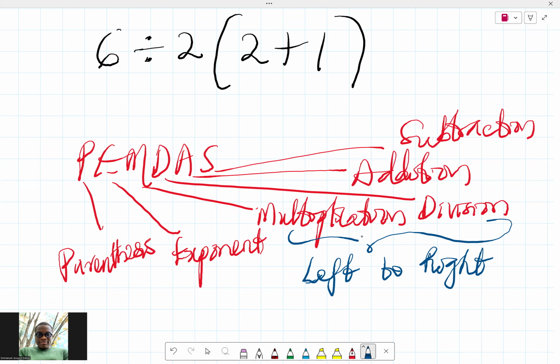The key is the order is from left to right, because multiplication and division take the same precedence, and if they are together in a problem, you do whatever you have to do from left to right. The same thing applies to addition and subtraction if they come together. So left to right also for addition and subtraction.